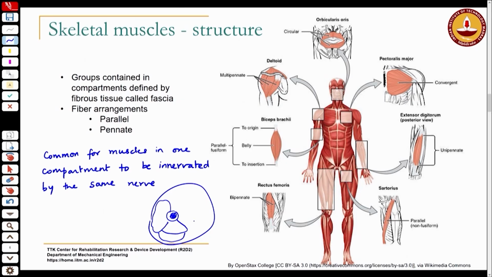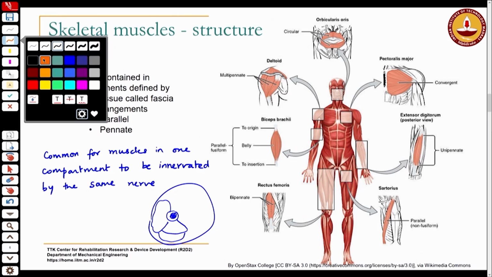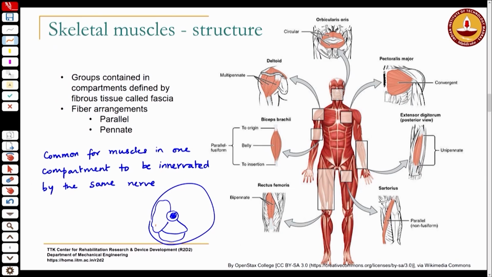These may be one set of muscles. If these are the anterior compartment, then these would be the quadriceps.